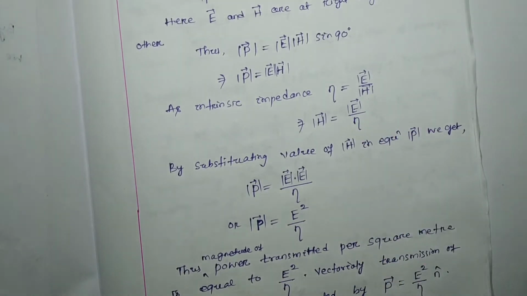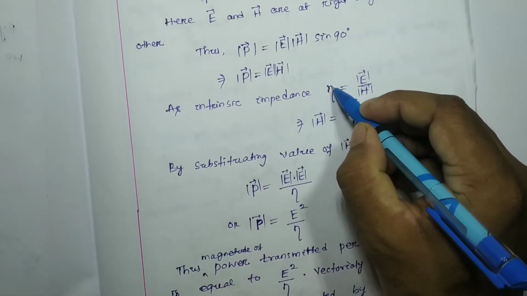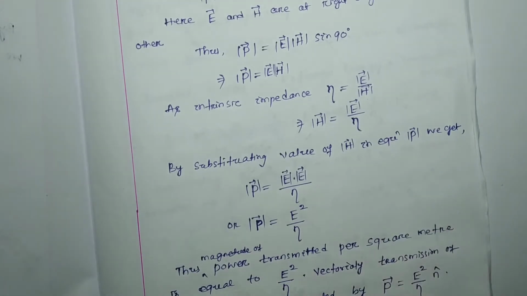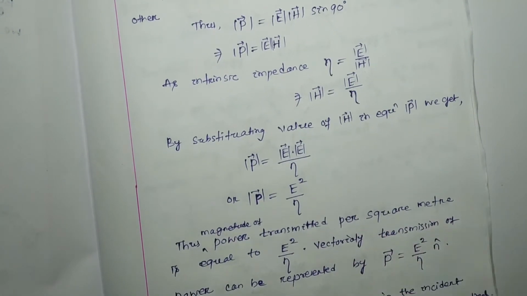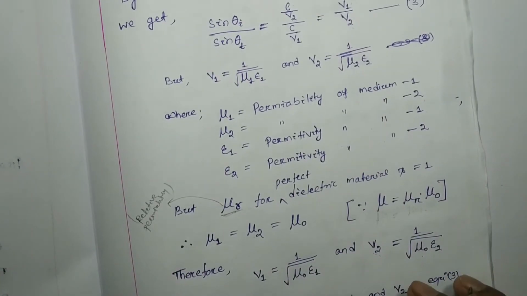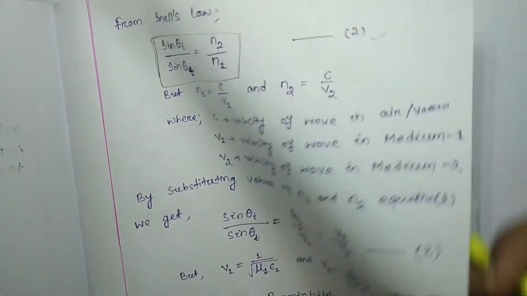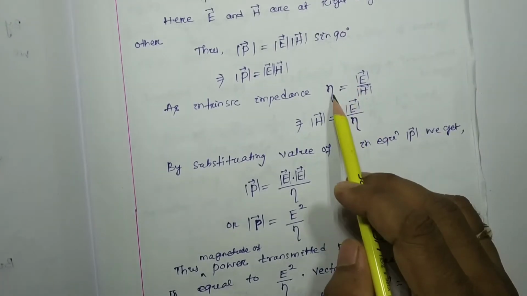This is eta, not your N. This is eta, carefully you have to write it down. Don't confuse eta and N. N is your refractive index, which we have discussed. Here we wrote N for refractive index, but this represents intrinsic impedance, that is your eta.